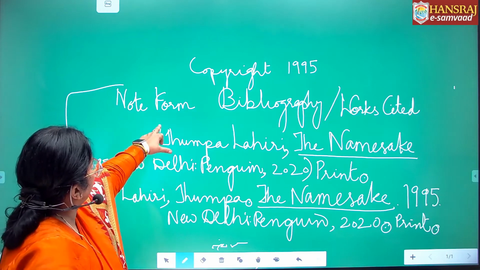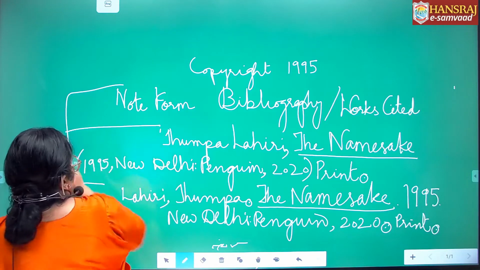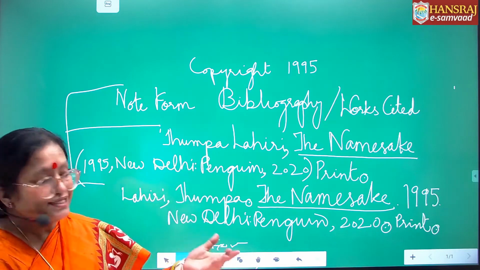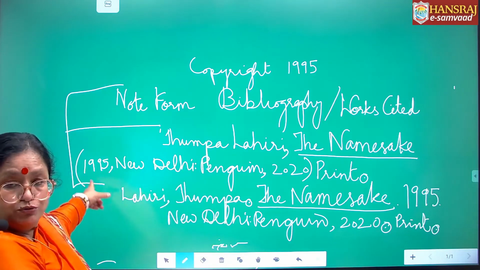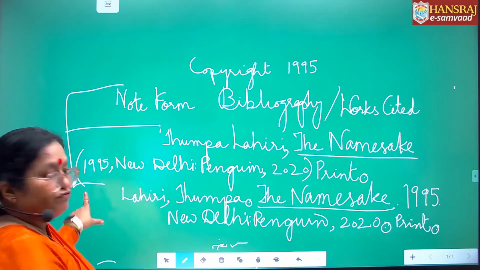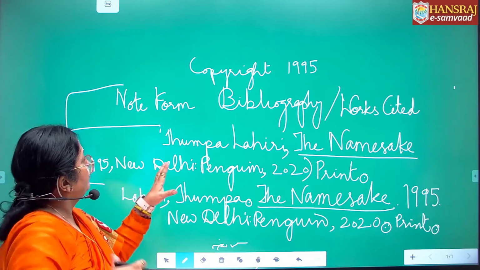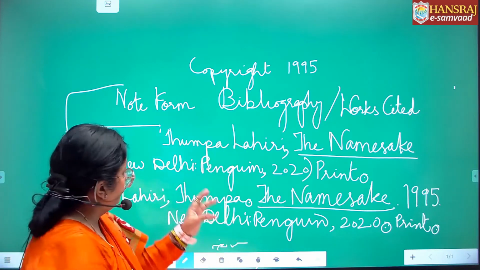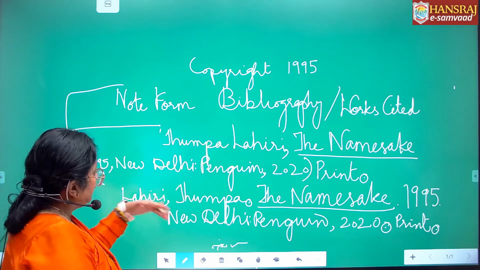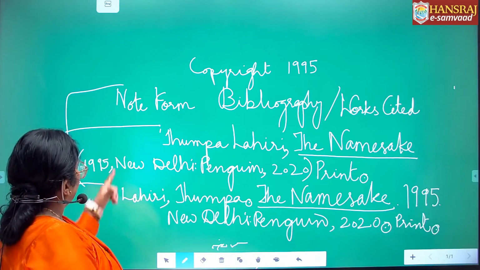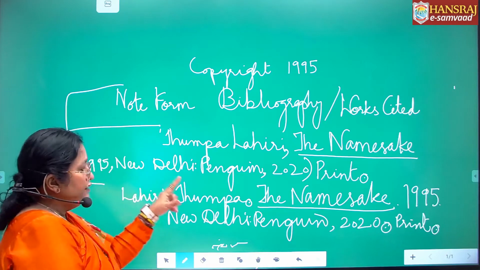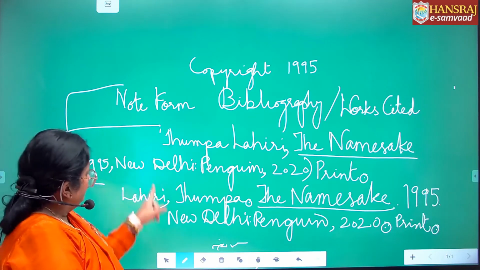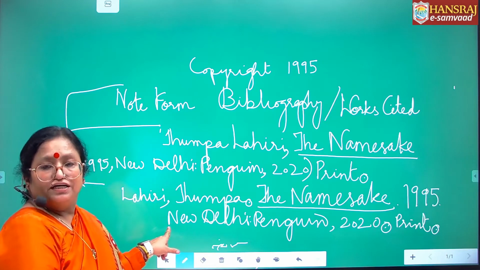Here it is beginning from here and the second line is coming to this side, and if there is another consecutive line, again this will be the position. Third will begin here, fourth will begin here. But for bibliography or works cited, I will tell the difference just now. As far as citation is concerned, it will begin from the margin and in reverse order, Lahiri, Jhumpa, and the second line will begin at a distance of 1 inch.